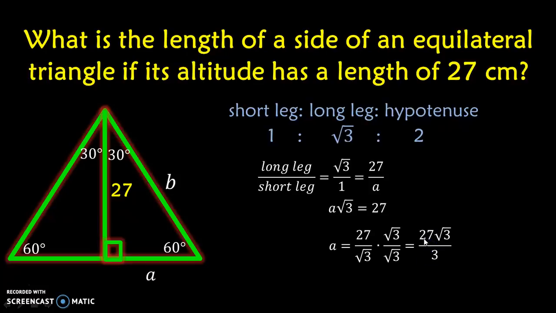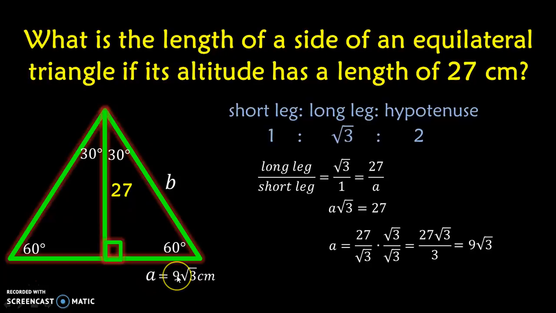So here, the answer is 9 square root of 3. That is the shortest leg. But we are asked to find the side of this equilateral triangle, or this hypotenuse here.